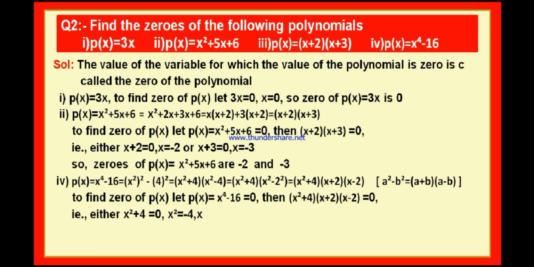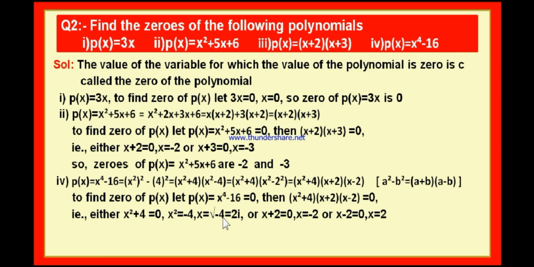So either x square plus 4 is equal to 0, then x square is equal to minus 4, and x is equal to square root of minus 4. Can you find the square root value of a negative number? We cannot find the square root value of a negative number, otherwise it is an imaginary number.